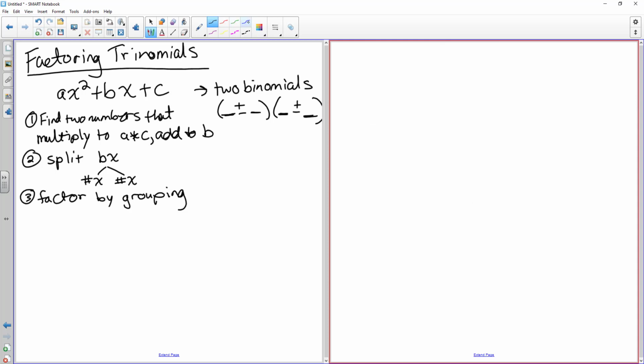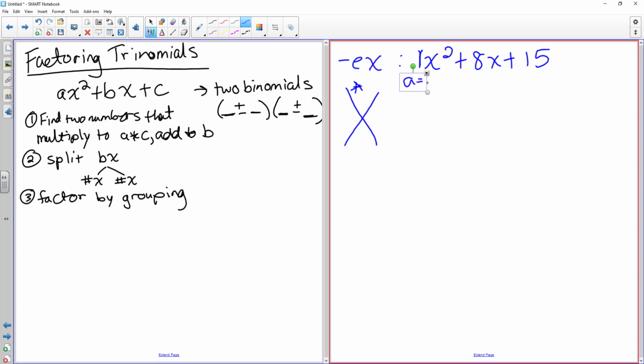So let's say, for example, I have x squared plus 8x plus 15. I'm going to show this organized with an x. Sometimes this is called the x method. So I'm looking for the numbers that multiply to 1 times 15.